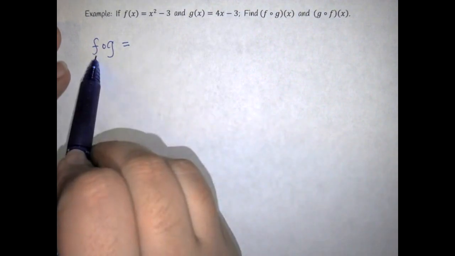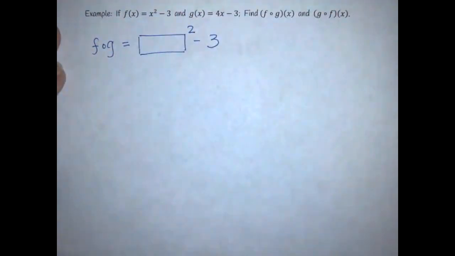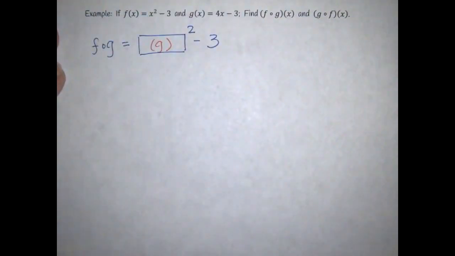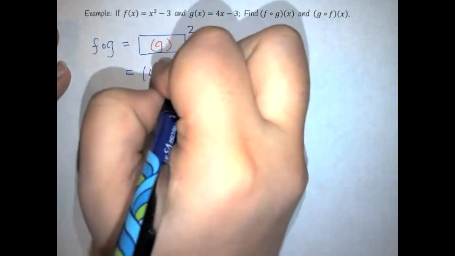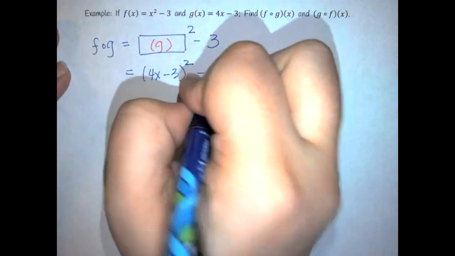F was written first, it's the outer one, so I'm going to go input space squared minus 3. What goes in here is my g. So my g was 4x minus 3 squared minus 3.